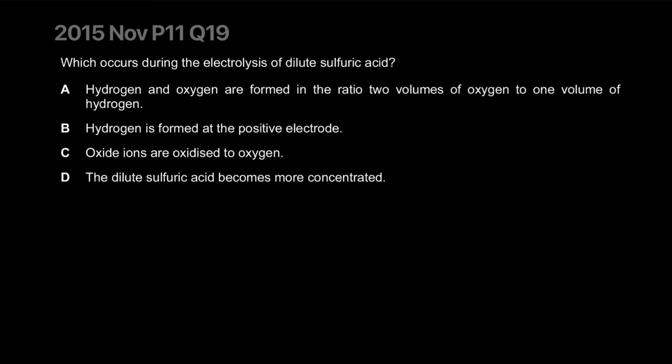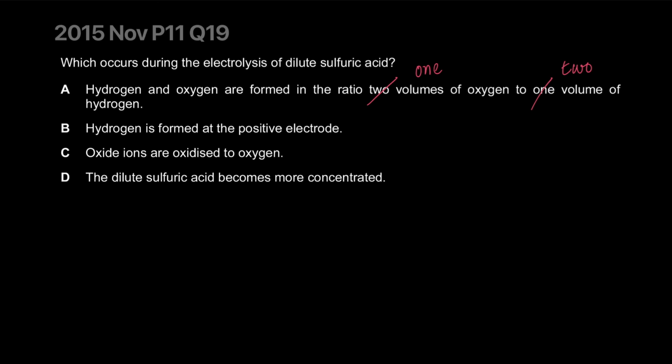Which occurs during the electrolysis of dilute sulfuric acid? Hydrogen and oxygen are formed in the ratio 2 volumes of oxygen to 1 volume of hydrogen. Actually, it's the other way around, where you produce 1 volume of oxygen and 2 volumes of hydrogen. Clever trick though. It's actually flipped. That would have made it true.